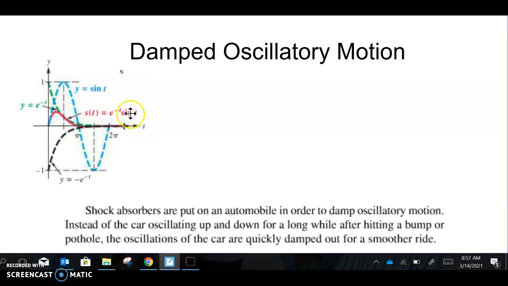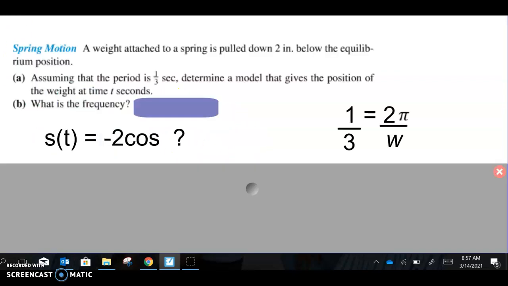Isn't that cool? We're using an exponential function and trig in the same equation. There is such a thing as damped oscillatory motion. We're looking at simple harmonic motion, which isn't really how most things behave, since they slow down over time.